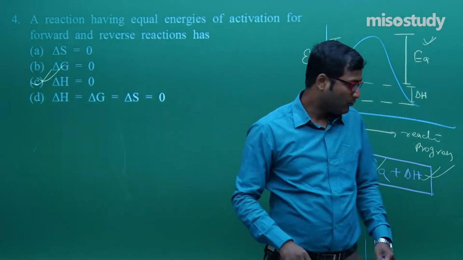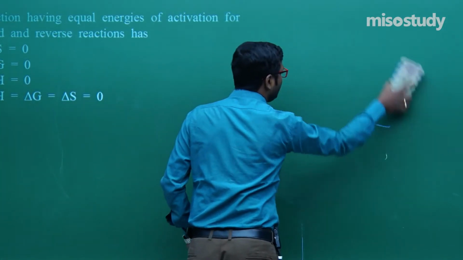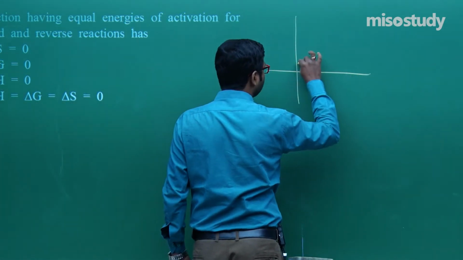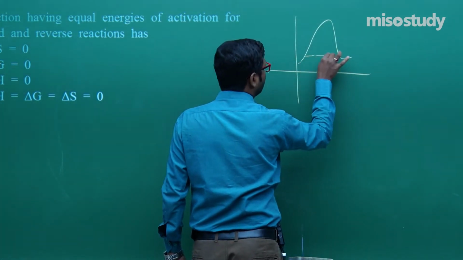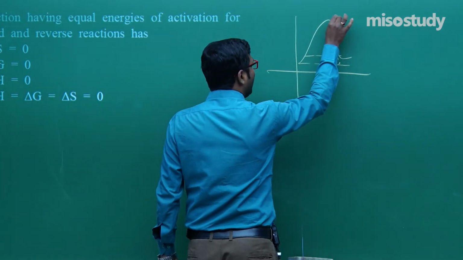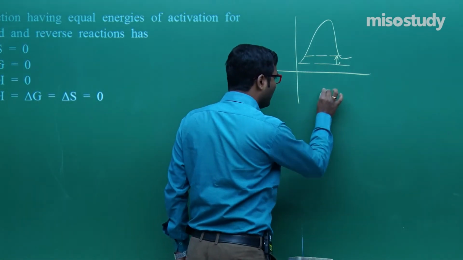One more thing I am going to mention here: if you do not know how to draw the graph, this is the simple graph, and this is delta H. If you do not know how to draw the graph, that doesn't matter, just remember the formula.